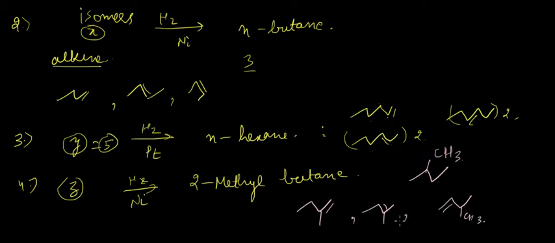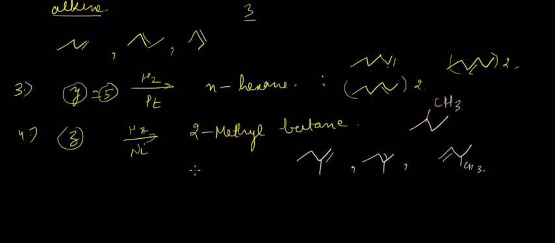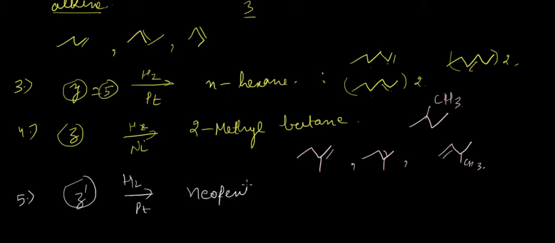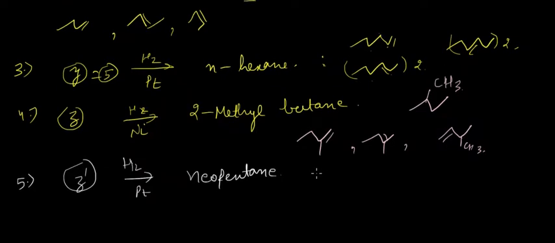Let us see some more examples. Here you have something like Z', which is reacting with H2 and Pt to form neopentane. I hope you remember the formula of neopentane. Neopentane is nothing but this.